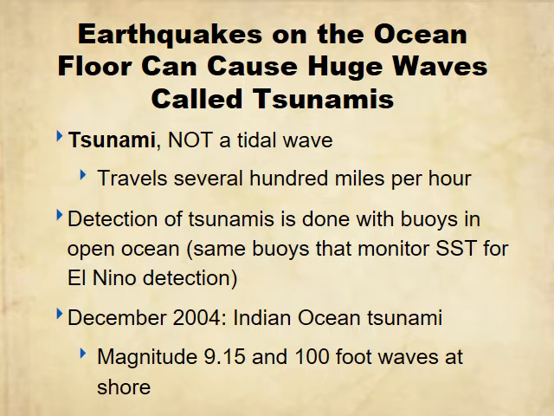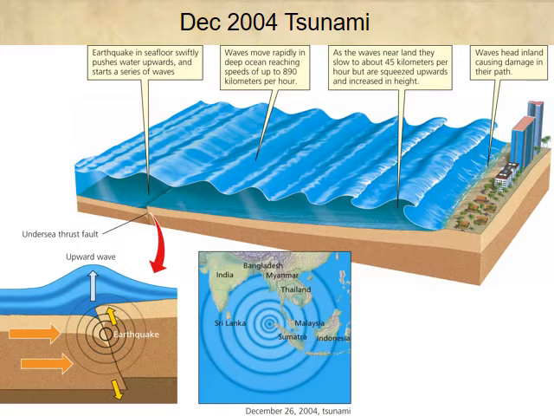Okay, and the biggest tsunami that we've ever had was in December of 2004, the Indian Ocean tsunami. It was a magnitude 9.15 earthquake, which is insane, and 100-foot waves at shore. So here you see the epicenter of the earthquake, and these waves radiated out from the center, like a drop in a bucket.